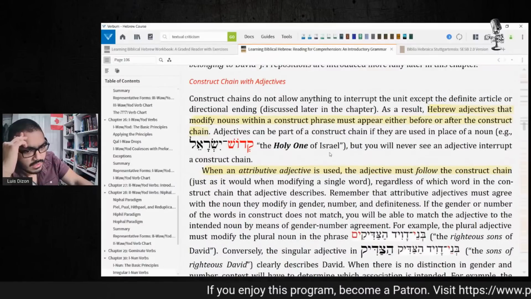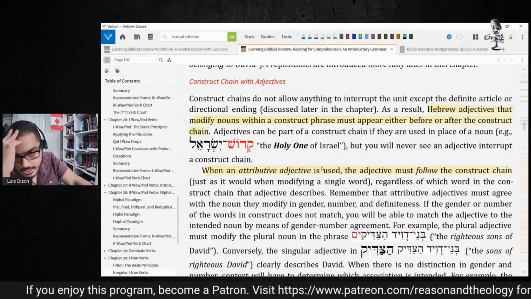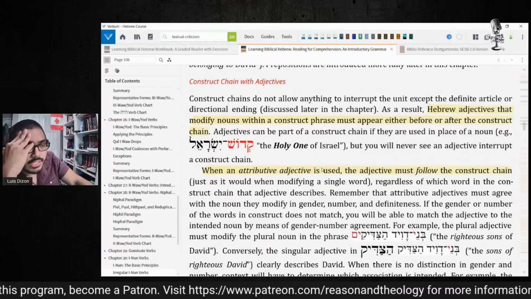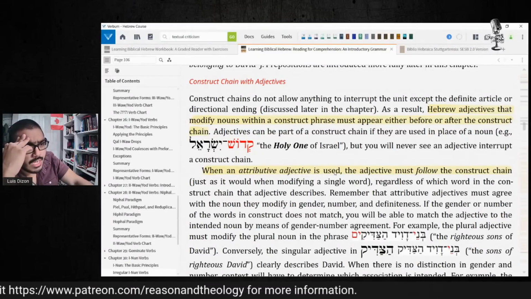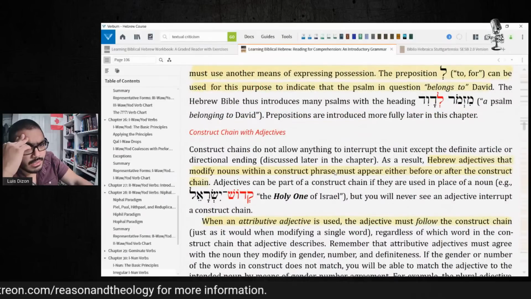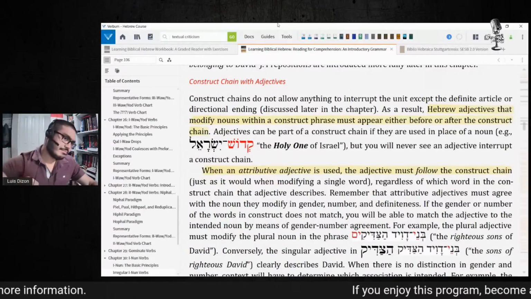And then there are some rules governing how adjectives are used with constructs. You can never break up a construct chain with an adjective. You can't place it in the middle of it. You have to place it either before or after.